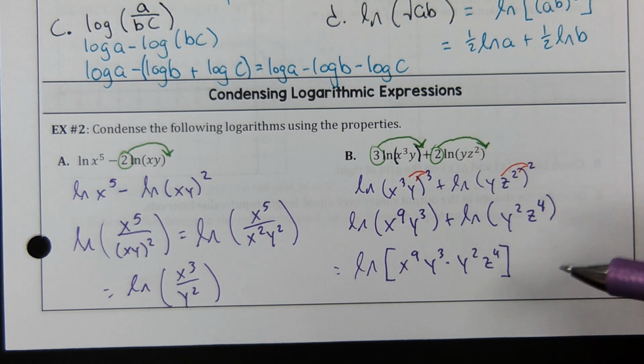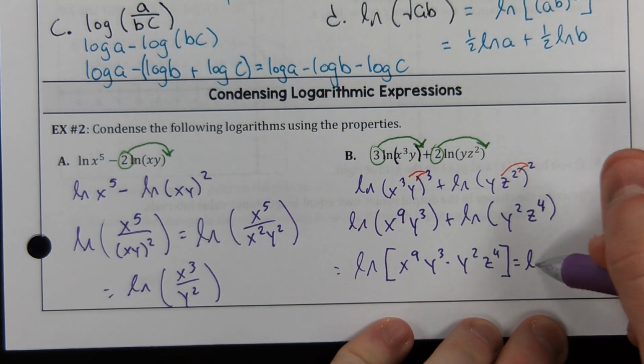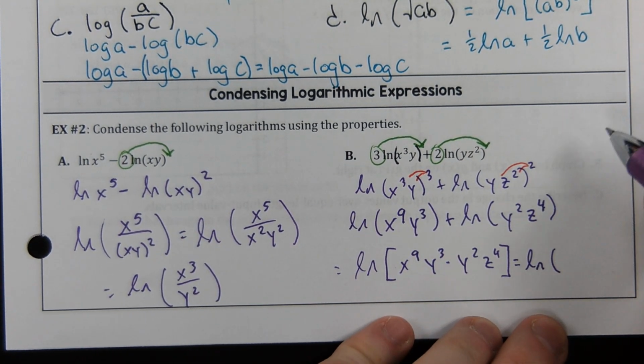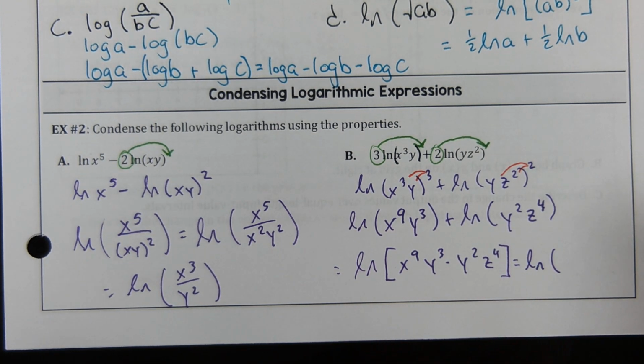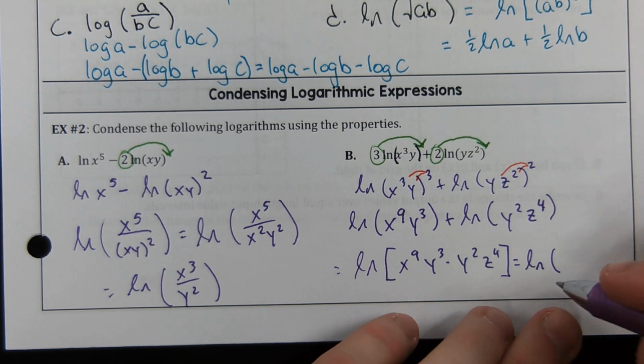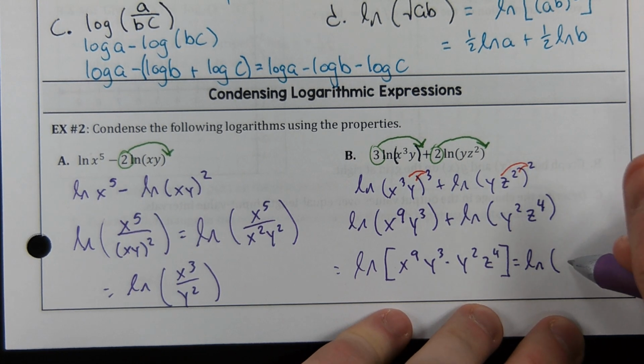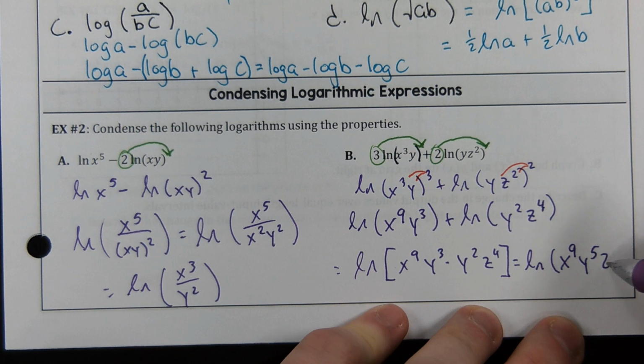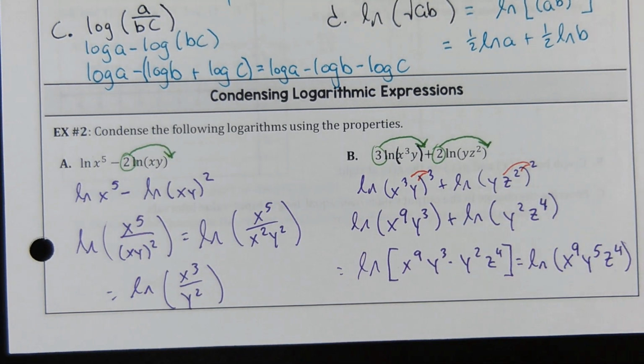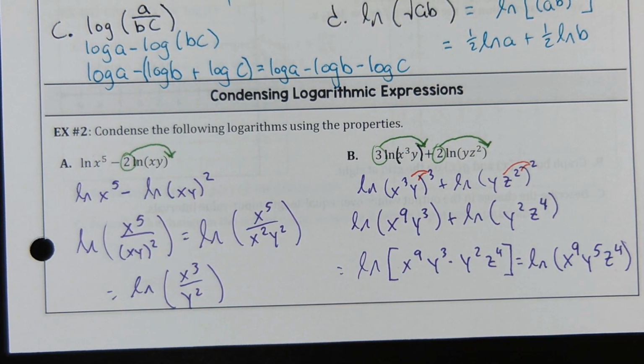You add these exponents. I thought I was going to do brackets and parentheses, and then after I drew the bracket, I realized I could just use the dot. So brackets and parentheses do the same thing in mathematics. It doesn't matter. X to the 9th, y to the 5th, z to the 4th. Boom.